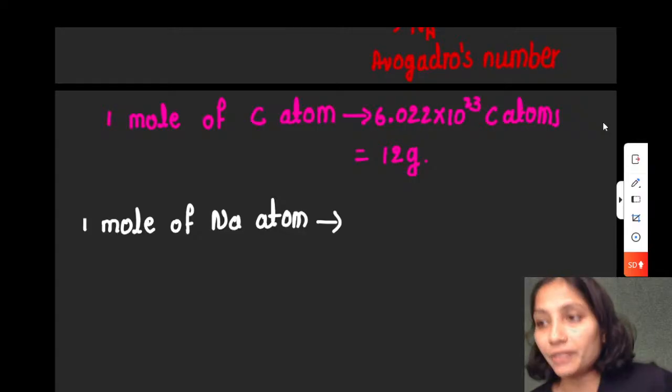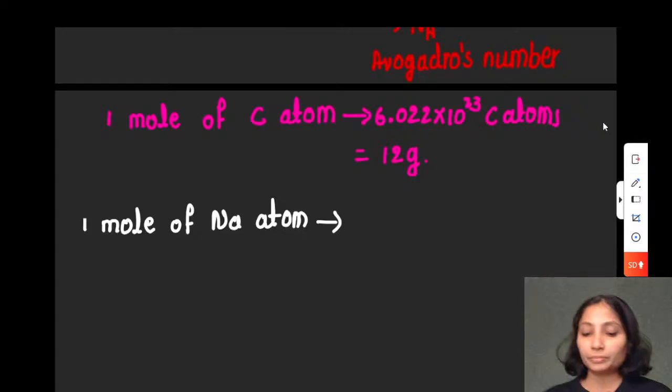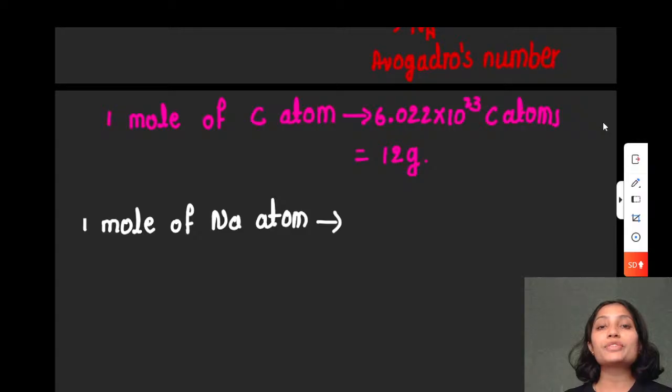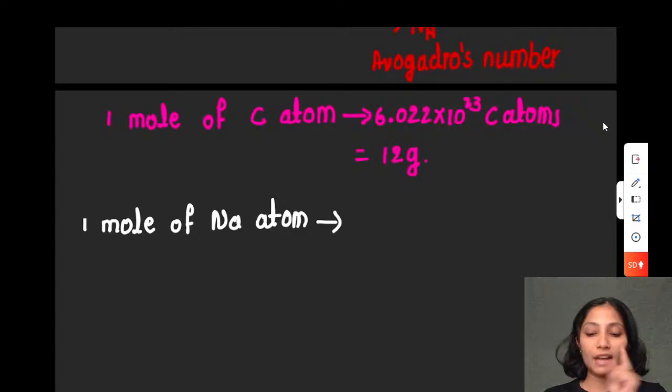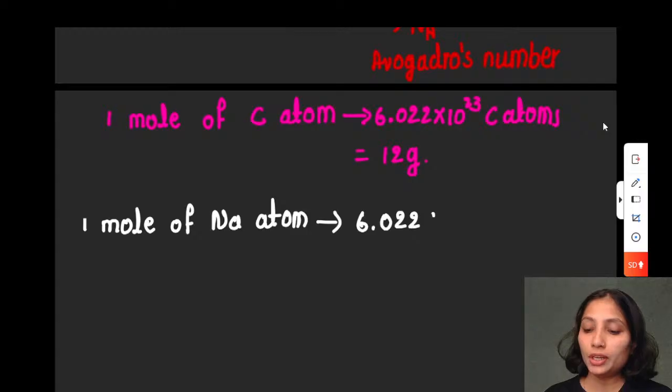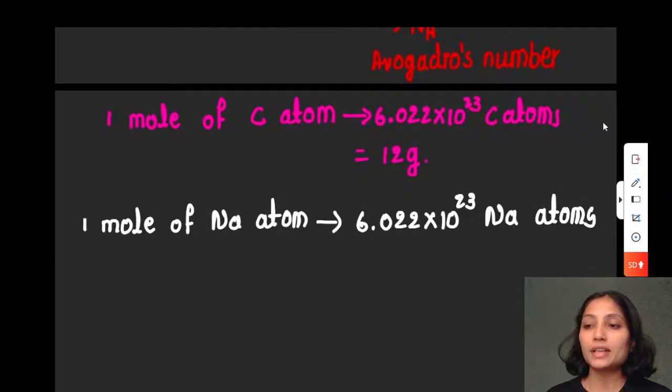Be quick. How many atoms of sodium will be present in 1 mole of sodium? They contain 6.022 into 10 power 23 sodium atoms.